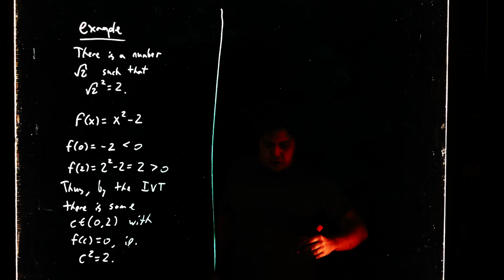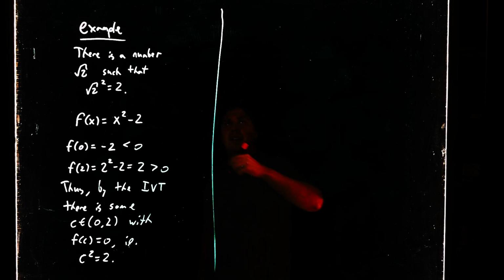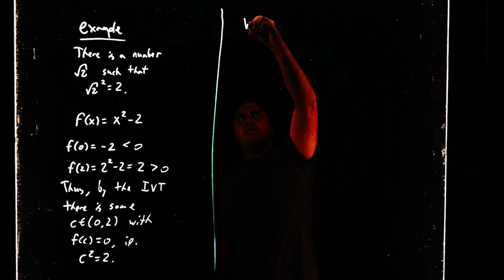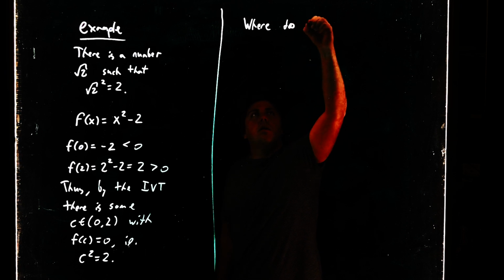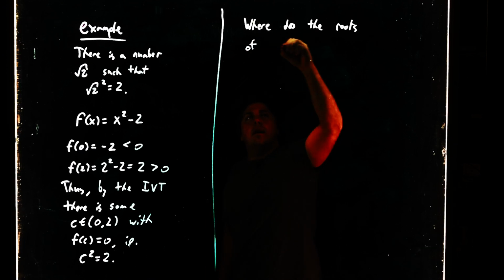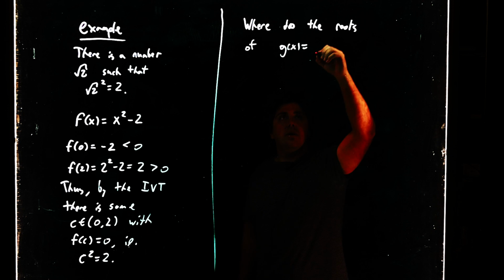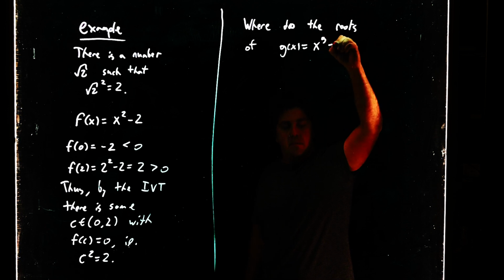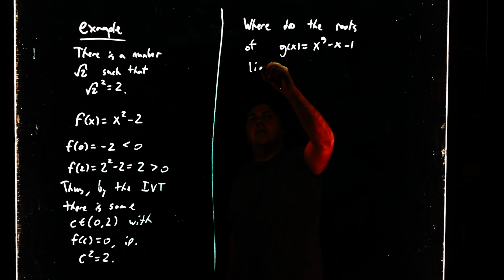So let's just do another example. Another quick example, maybe something a little less theoretical, is where do the roots of g of x equal to x to the 5th minus x minus 1 lie.